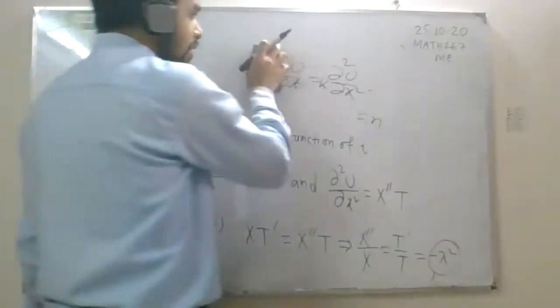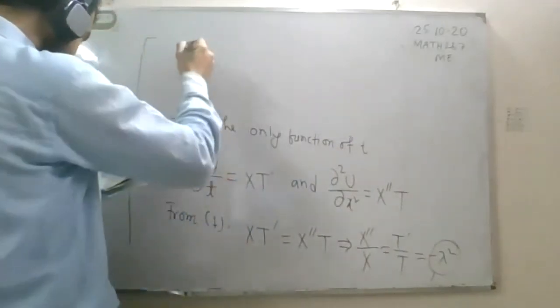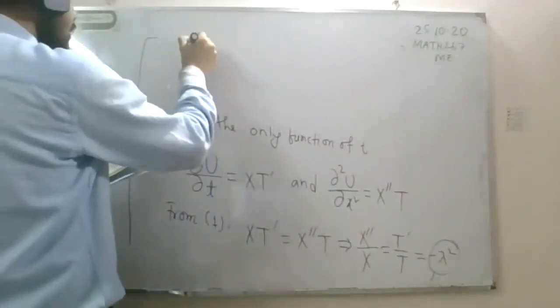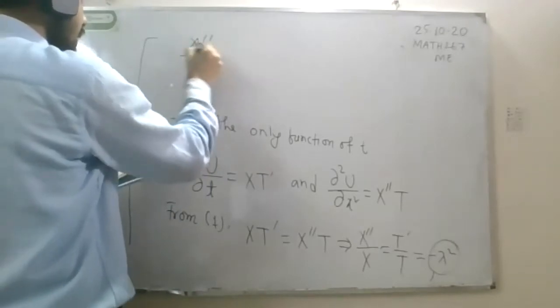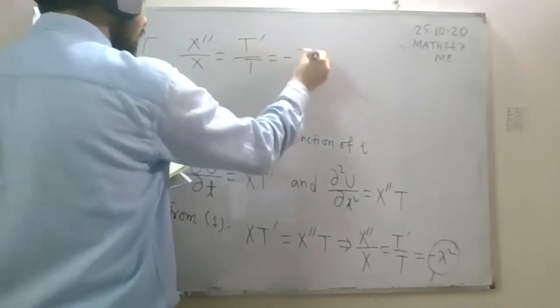Okay, now let's take a look here. Here you can say X double prime over X equals T prime over T equals minus lambda square.